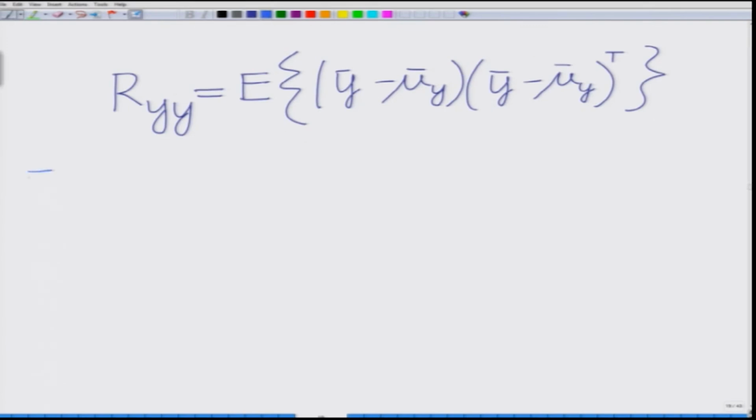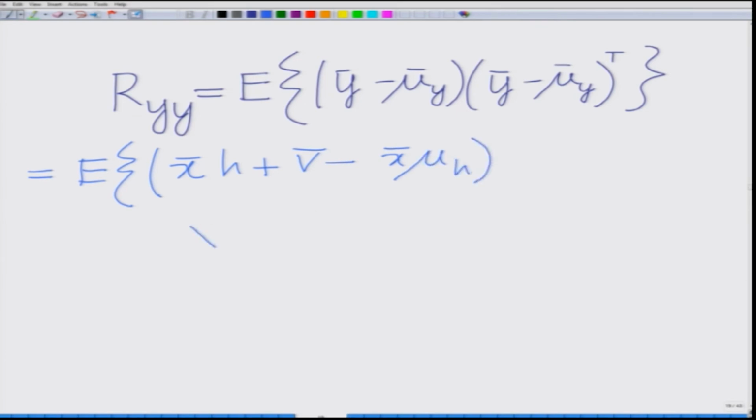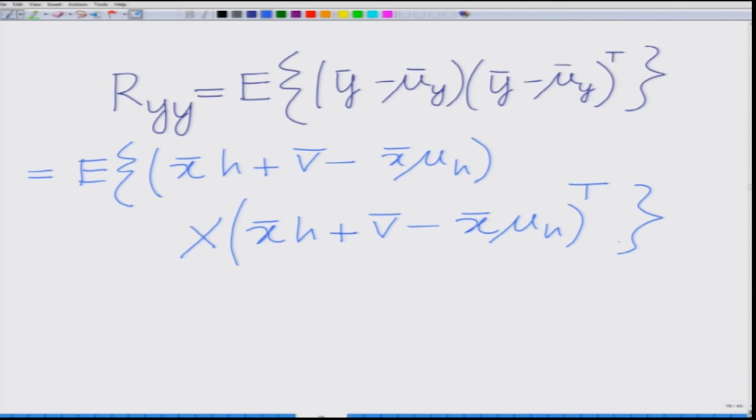This is equal to, now let us substitute for y bar. Of course, we know y bar equals x bar times h plus v bar, and mu y bar equals x bar times mu h, times the transpose of this quantity, x bar times h plus v bar minus x bar into mu h, transpose.